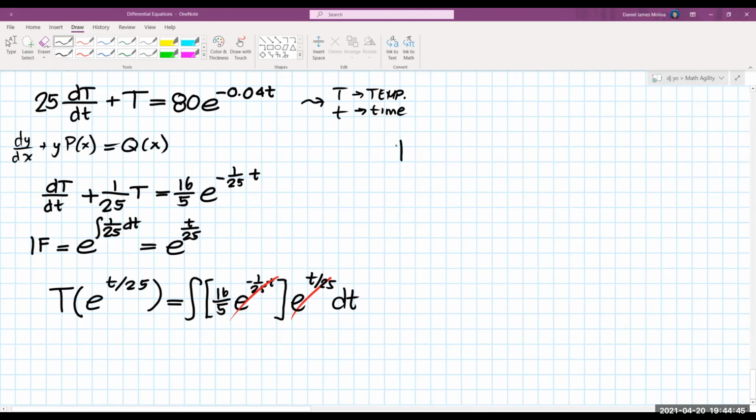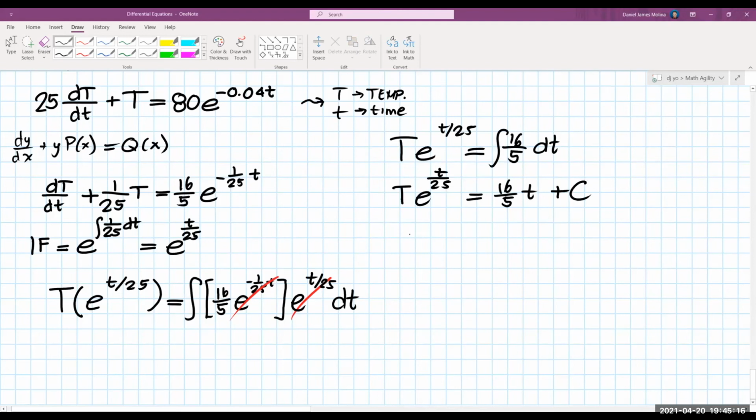So we are left with T e raised to t over 25 equals the integral of 16 over 5 dt. Evaluating our integral, that is 16 over 5 t plus our arbitrary constant.